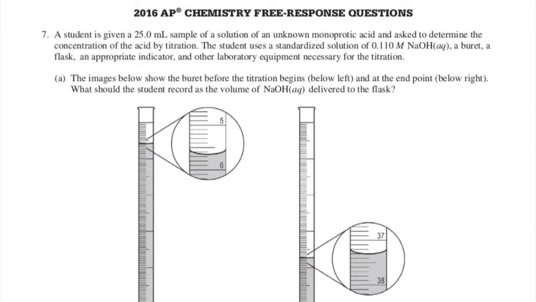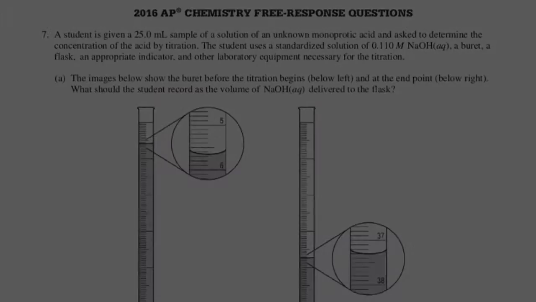Part A states, the images below show the burette before the titration begins in the below left and at the end point, the below right. What should the student record as the volume of NaOH? For part A, you have to read the two measurements that they give you on the burette and make a calculation from those two measurements from your own reading.